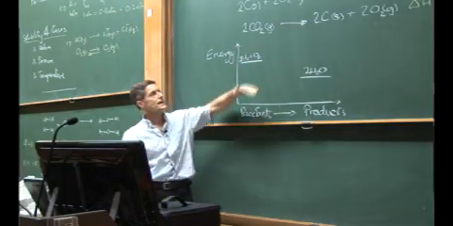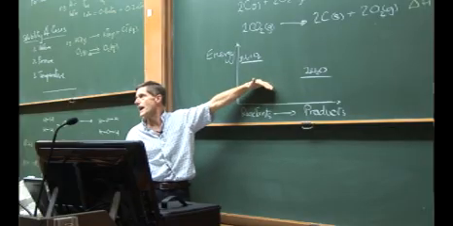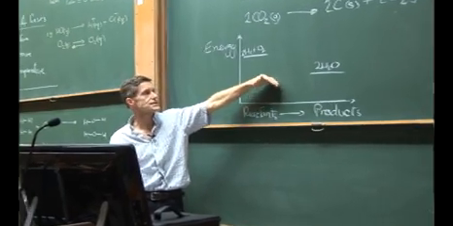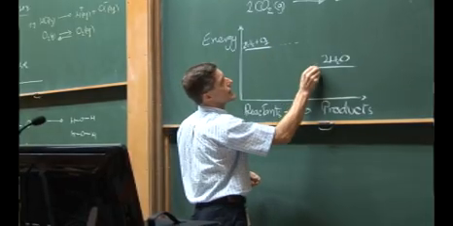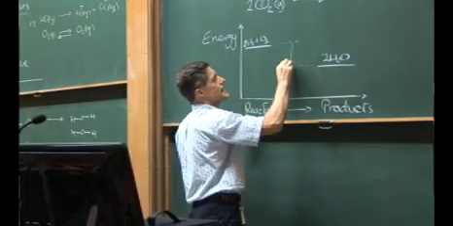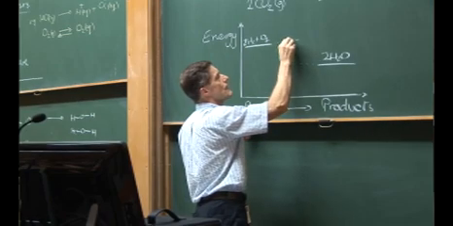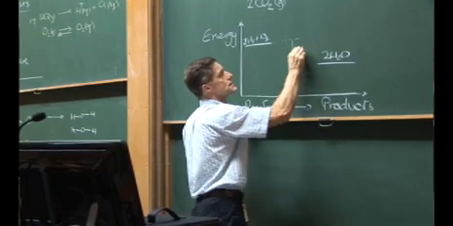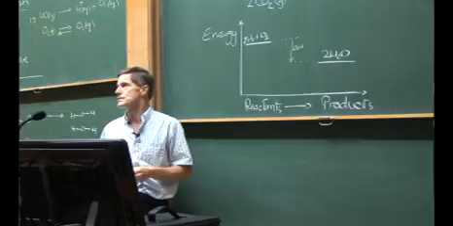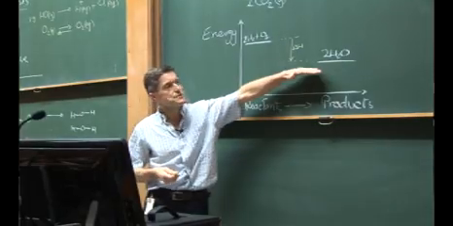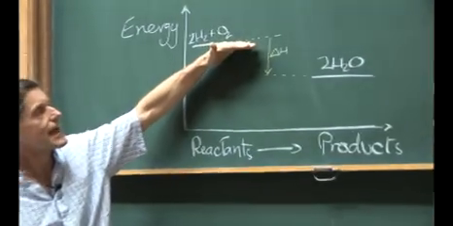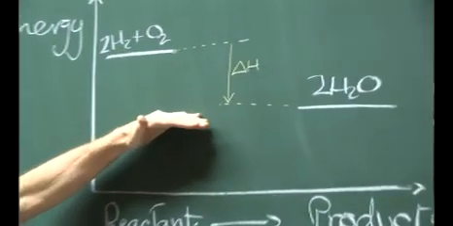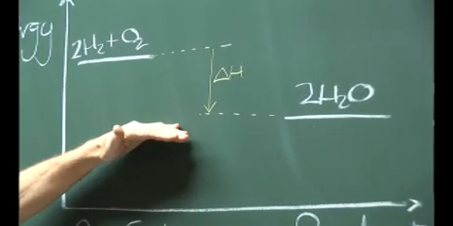I know that energy is given out as that combustion reaction occurs. And I could say, okay, the difference in energy here represents the delta H of reaction. And because products are more stable than the reactants, then delta H is negative, an exothermic reaction.